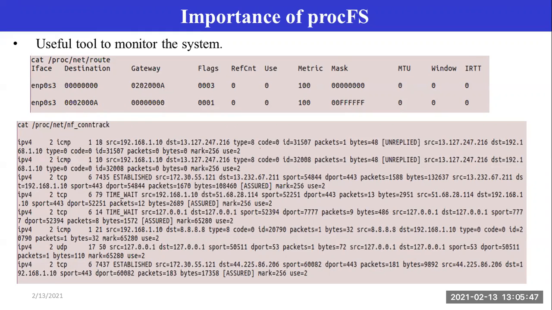Let me explain the three entries here. The first entry is IPv4, an ICMP connection where the source IP address is 1.10 and the destination is 13.127, something like that. This is the ID, and the number of packets so far is 0.